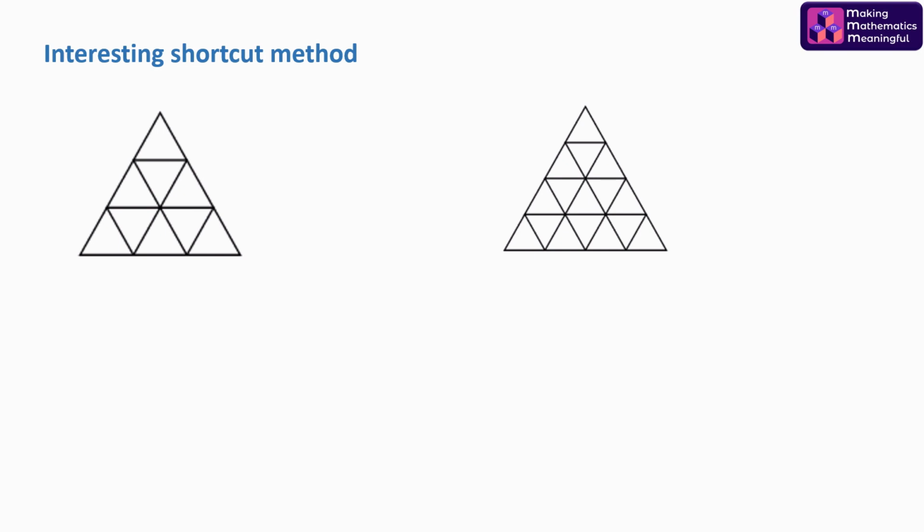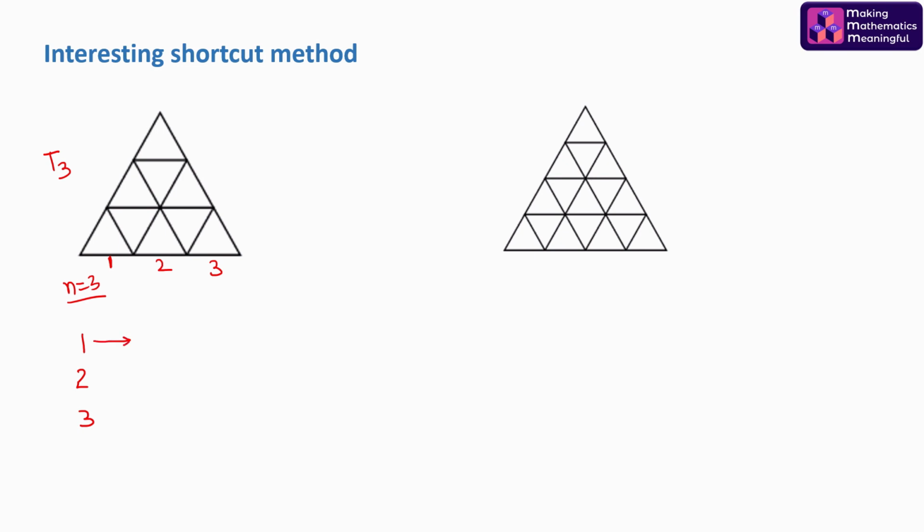Well, if we do not consider this formula, there is another very interesting shortcut method for the same. As we have already seen, this is our T3. So here we take n equal to 3. Now the base is divided into 3 equal parts. Just write 1, 2, 3, 1, 2, 3.